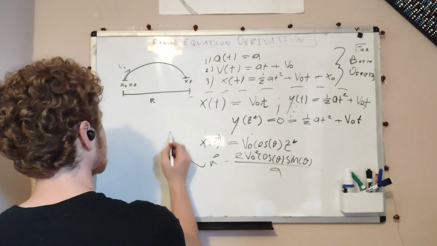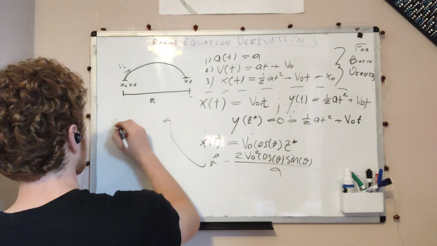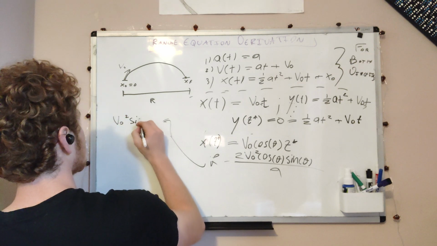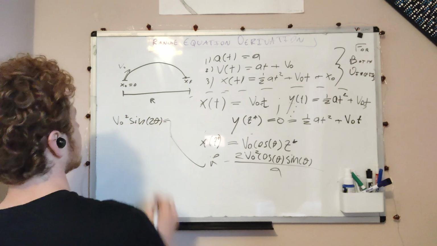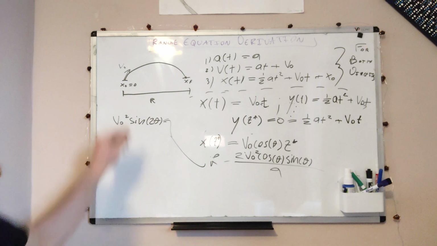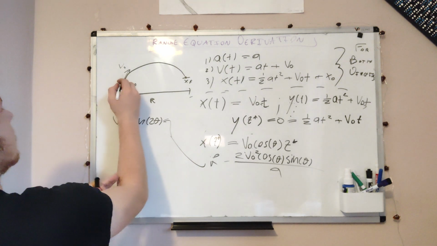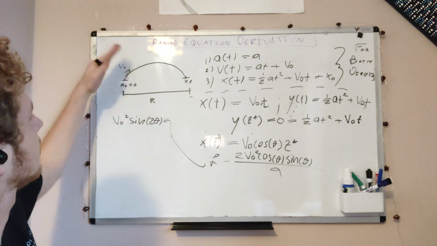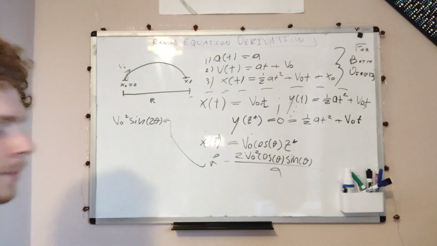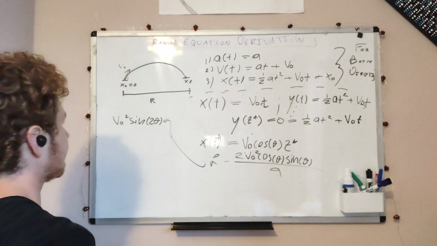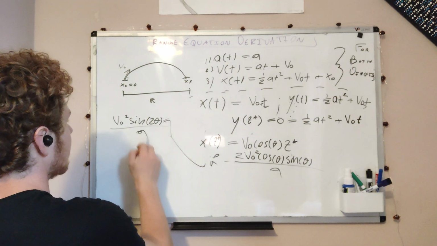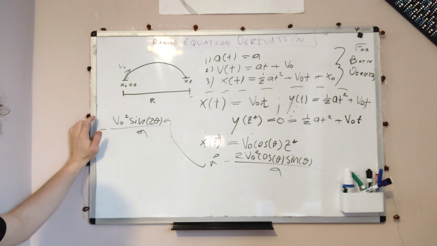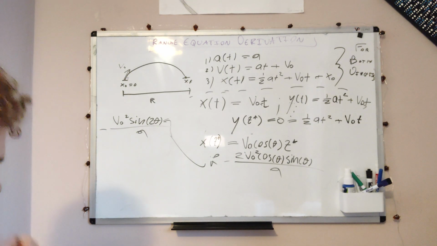So, using that, you can then rewrite it as v naught squared sine 2 theta. Now I didn't explain what theta was, but it's basically just the angle here that it's released at. Over a. That's probably very similar to what you're used to.